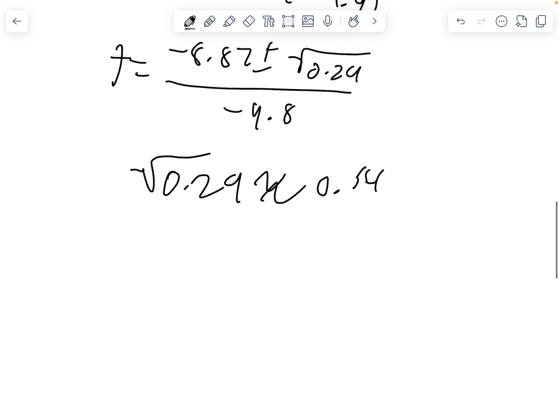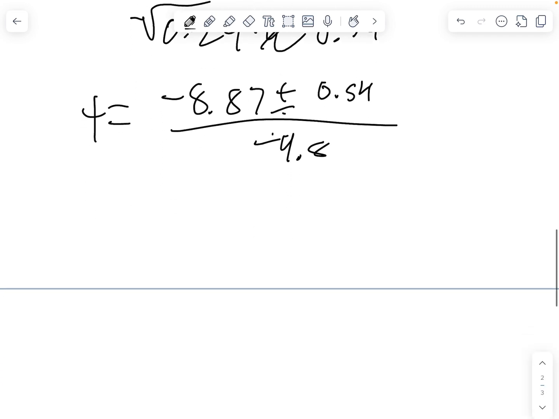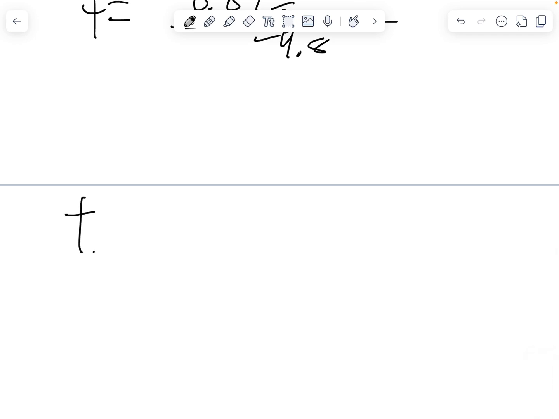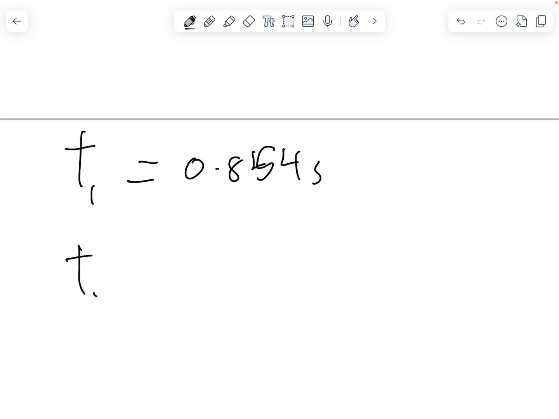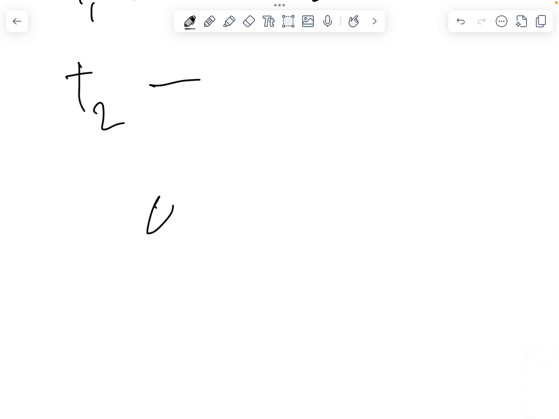And then you're going to do plus or minus 0.54 over negative 9.8. So T1 is going to equal 0.854 seconds. And then T2 we don't even bother doing since the time must be positive because you can't go back in time. So this means that it takes the ball 0.854 seconds to reach 4 meters. That is part M.